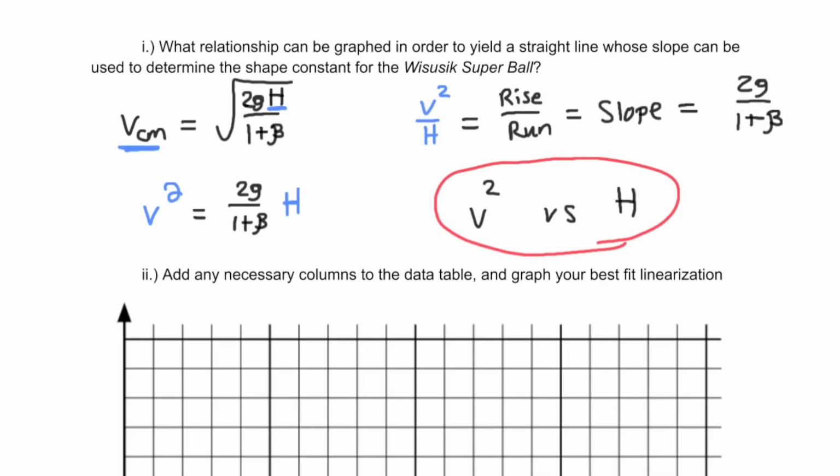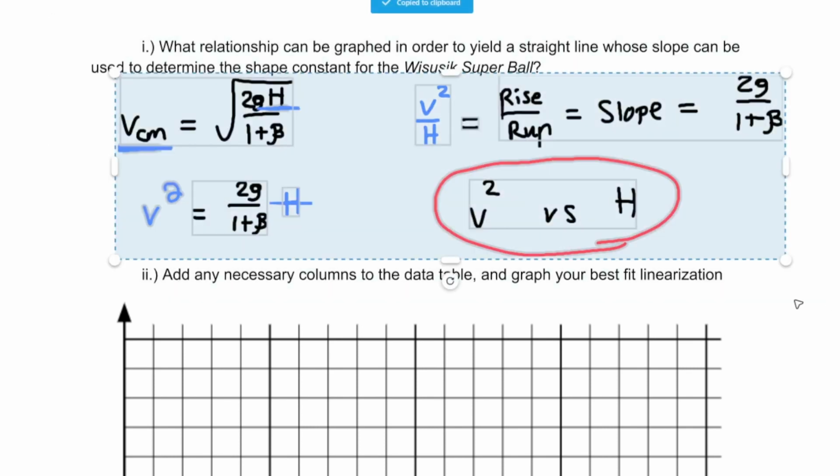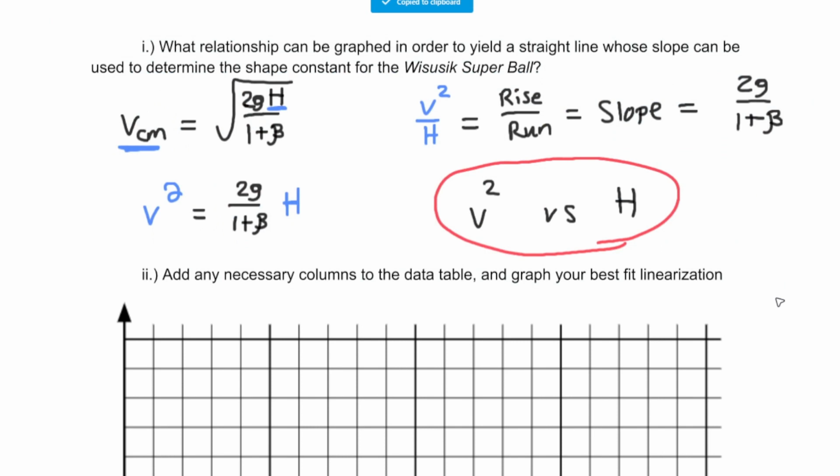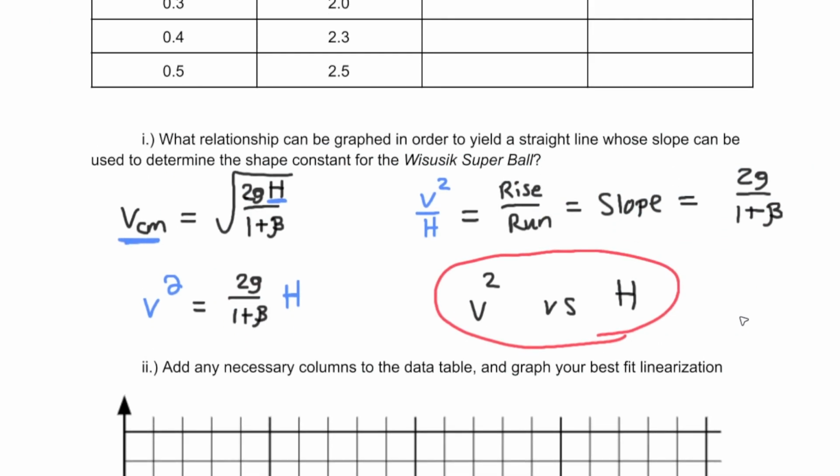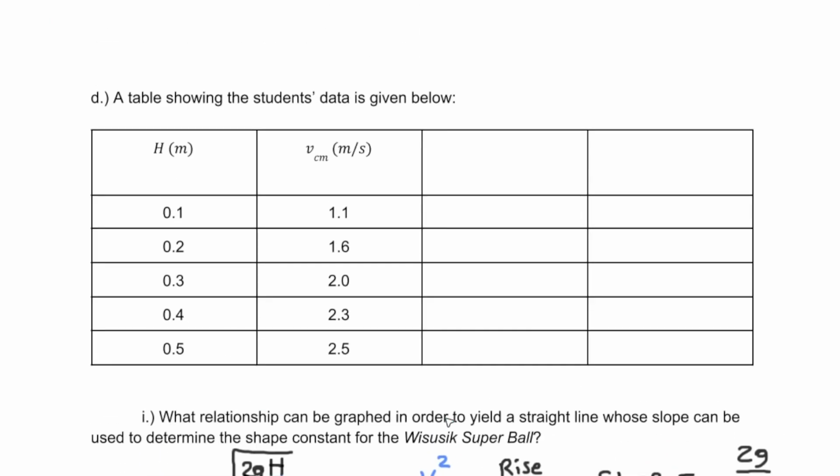So now we're going to add any necessary columns to the data table and graph our best fit linearization using that. So just moving over to the other one here. So we're graphing v squared versus h. I just have v. I don't have v squared, so I need to make a column where I square all of the v's.